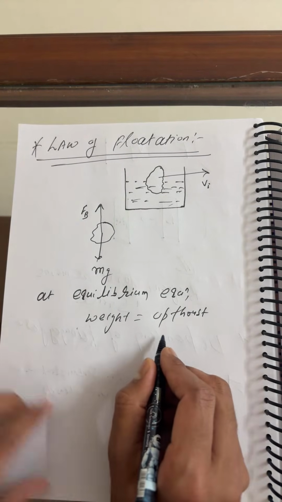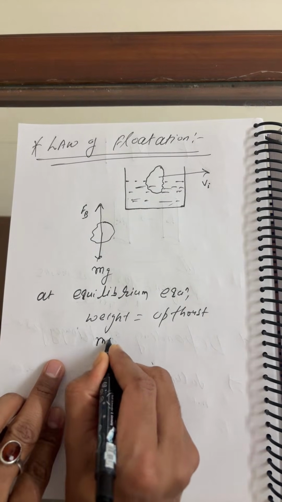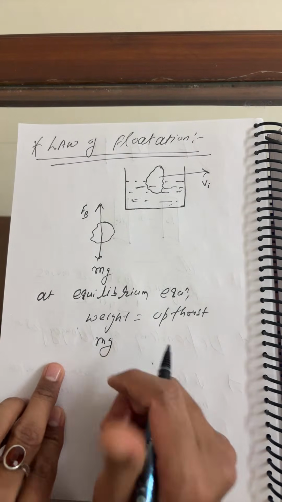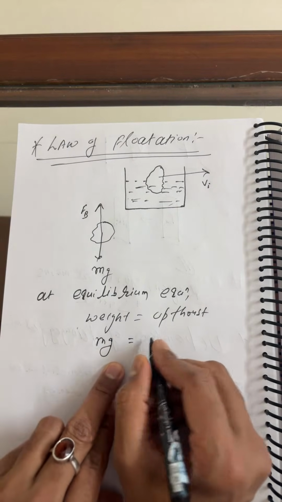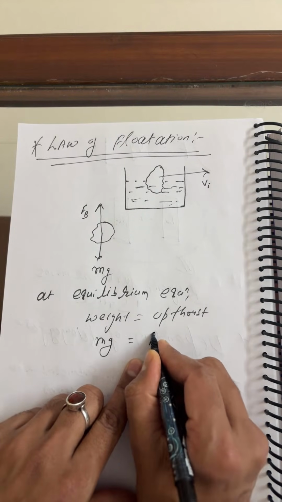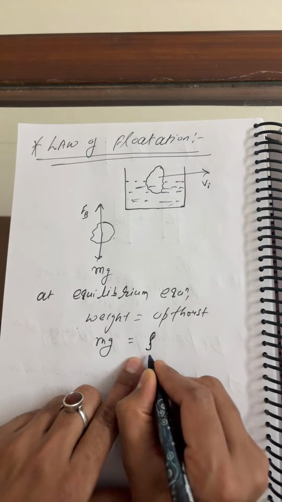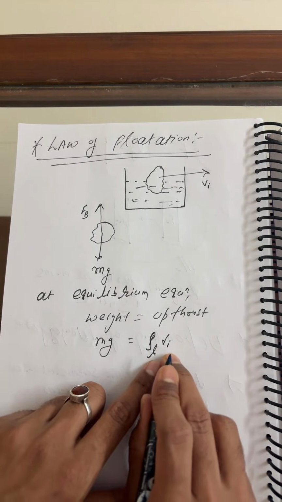What is weight? mg only. So this is mg. mg is equal to the upthrust force. Already I said here, this is rho, the density of liquid, times the volume emerged, and volume.